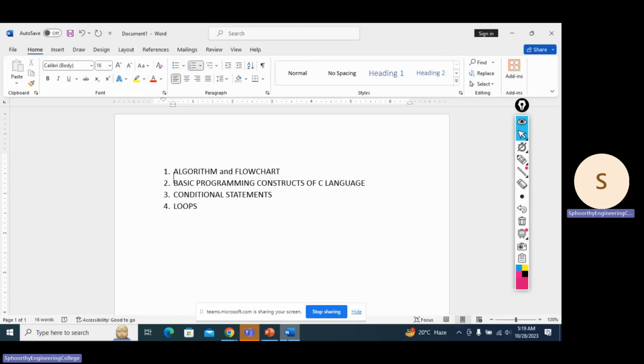Before I move on to basic programming constructs, you should know how a program gets executed, what we mean by compilation, execution, etc. How a program works and gets executed, these are the things. In our regular classwork, we have seen many basic components which are not part of the syllabus, but they are very, very important.